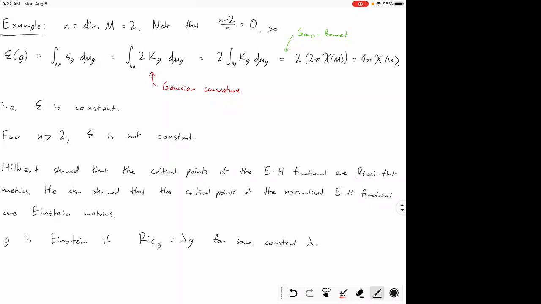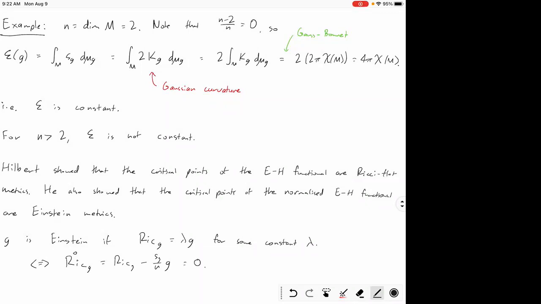You can think of this as equivalent to the trace-free Ricci curvature, which is Ricci of G minus S G over n times G, equal to 0.